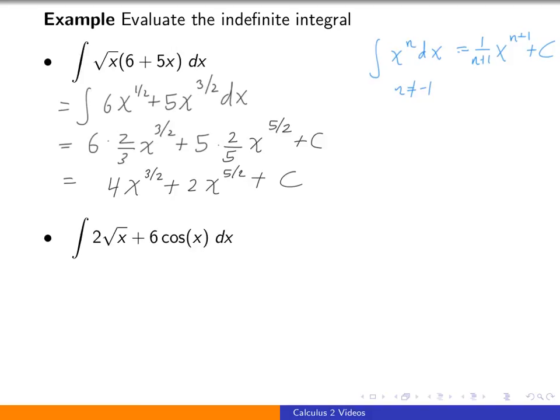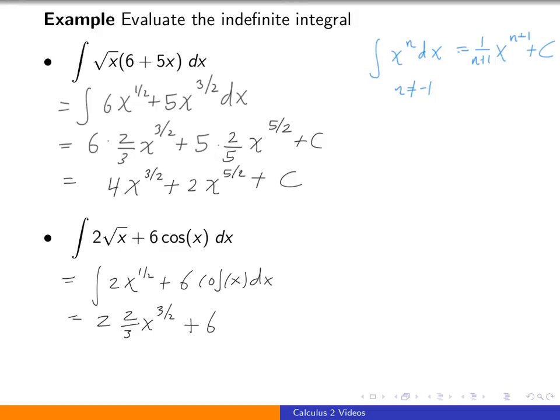Similarly, for our next example, we can do an intermediary step here where we write this as 2x to the 1/2 plus 6 cosine x. So the antiderivative of x to the 1/2, 1/2 plus 1 is 3/2, so 1 over 3/2 x to the 3/2 plus 6 times the antiderivative of cosine.